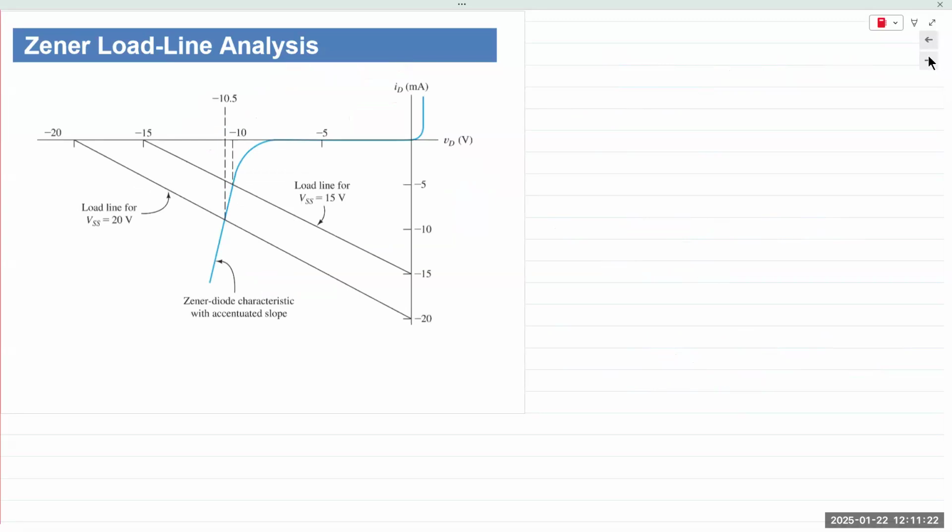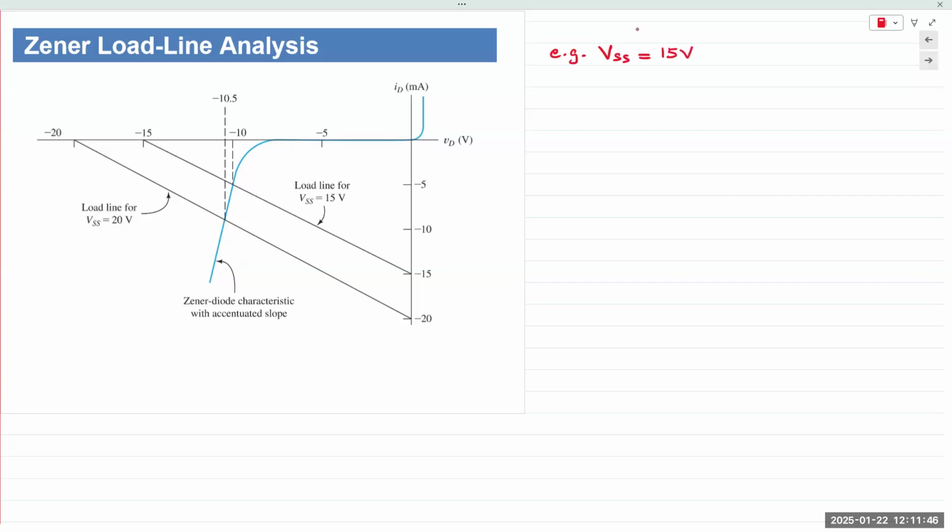We are familiar with the load line analysis from silicon diodes or just any kind of diode. The approach for the Zener diode will remain the same. So the given values are that the supply voltage VSS is 15 volts.